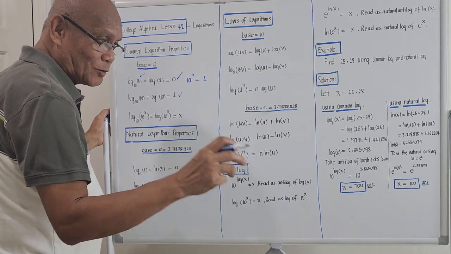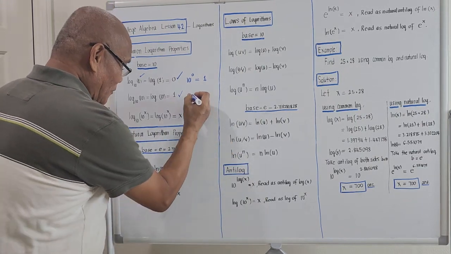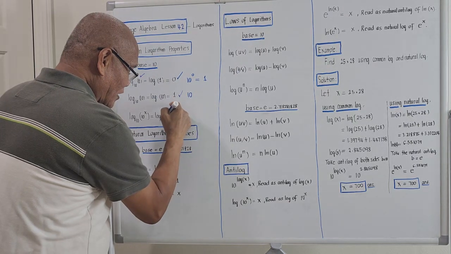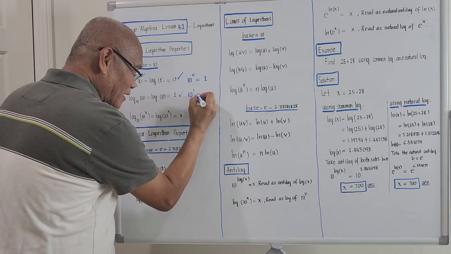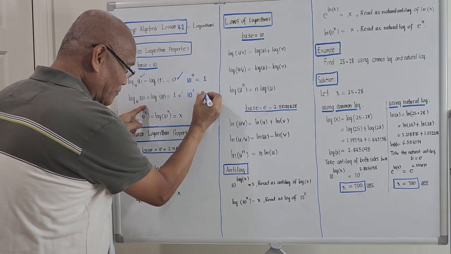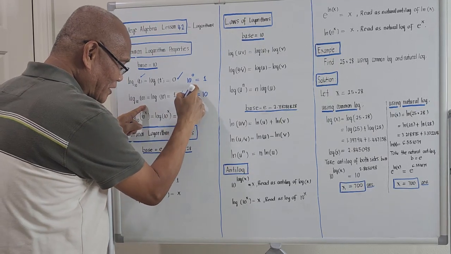It is the power to which the base of the logarithm must be raised to equal the number. If we take the base and raise that to the first power, what should come out is the number we are looking for the logarithm of, because 10 to the first power is just 10.